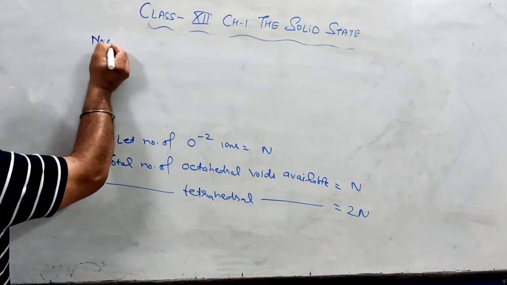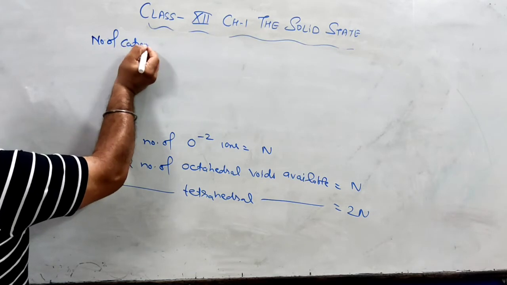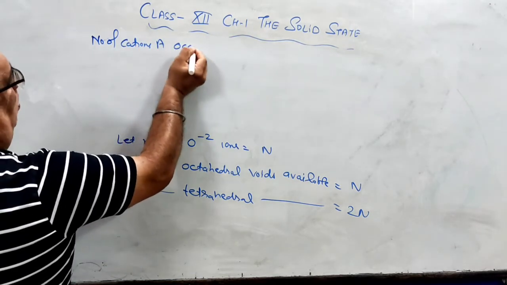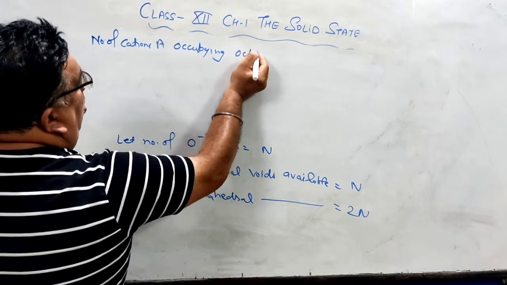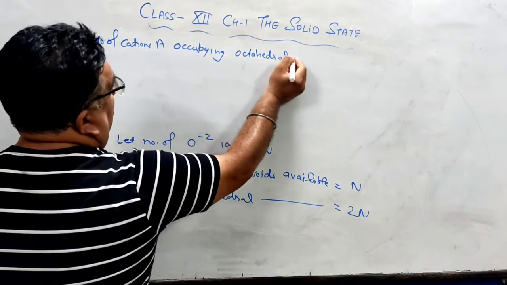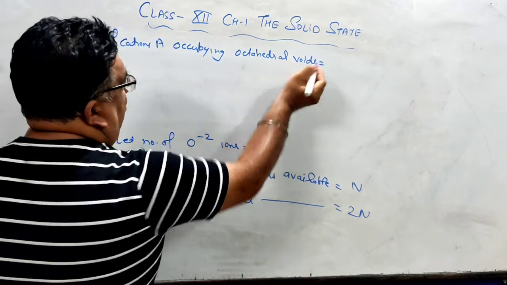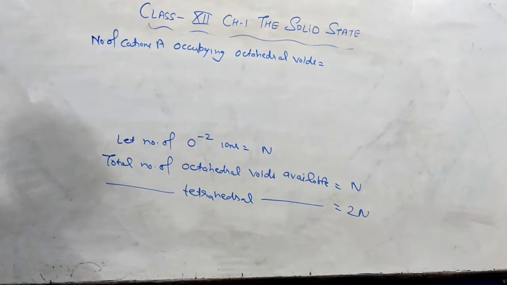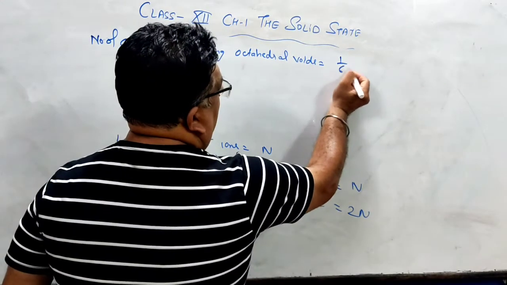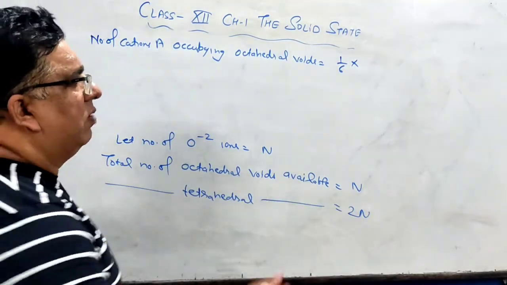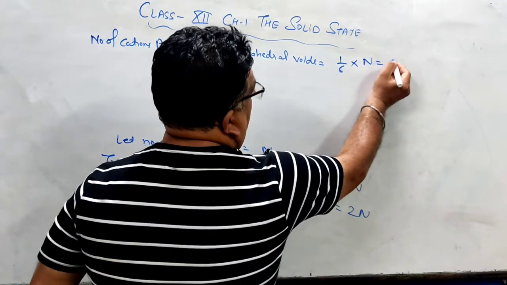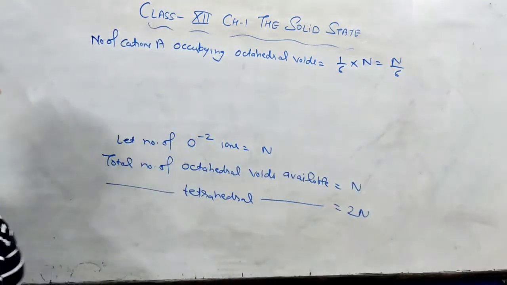So number of cations A occupying octahedral voids, they are 1/6 of the octahedral voids. It means 1/6 into total octahedral voids. Here total octahedral voids are n, so 1/6 into n, that is n/6.